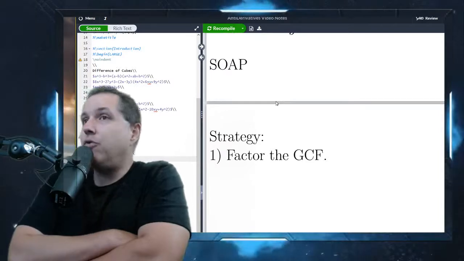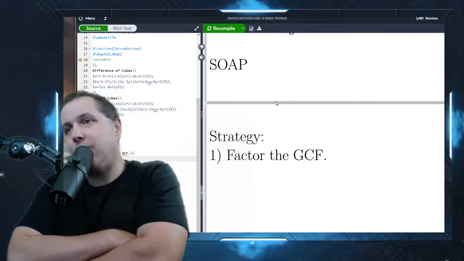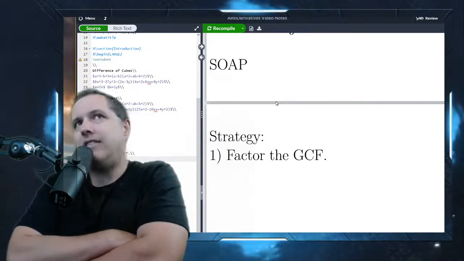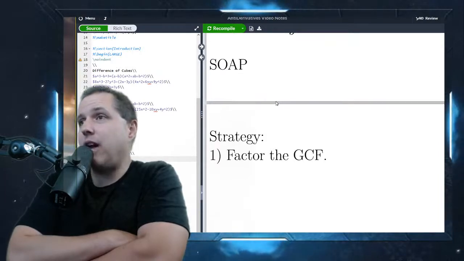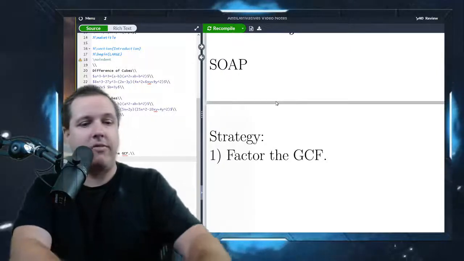What'll happen is you factor out the greatest common factor, and then what you're left with is a difference of squares, and then you factor the difference of squares. So you can't factor that problem until you factor out the greatest common factor. So always step number 1, factor out the greatest common factor.